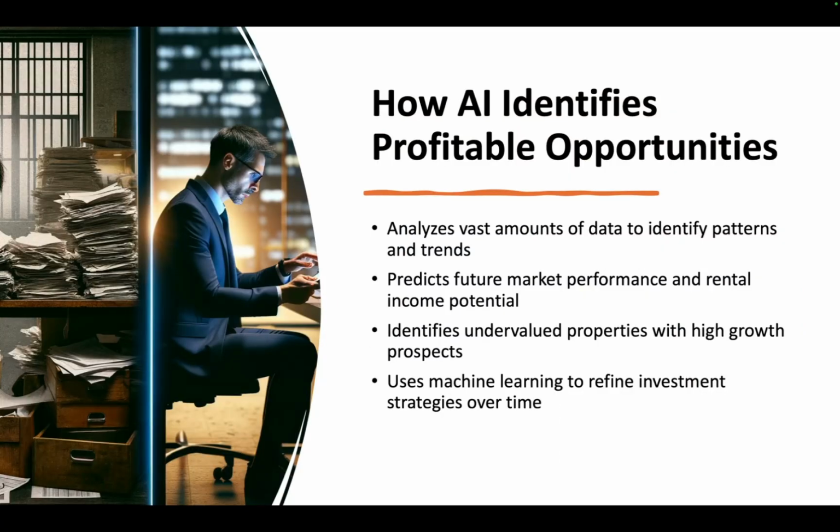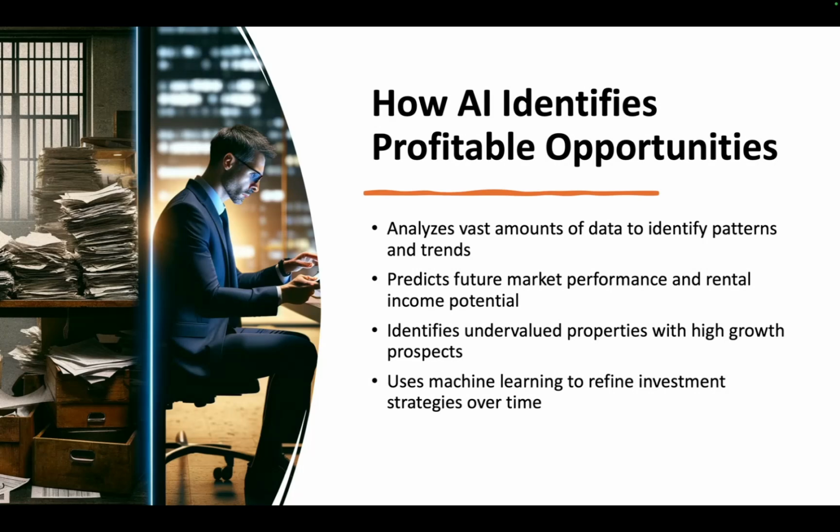So how does AI identify the profitable opportunities? Well, it analyzes vast amounts of data, and through that analysis, it can detect patterns, it can detect the trends, and that is what you're reliant on. That's the unspoken advantage, the unfair advantage, that's the phrase.